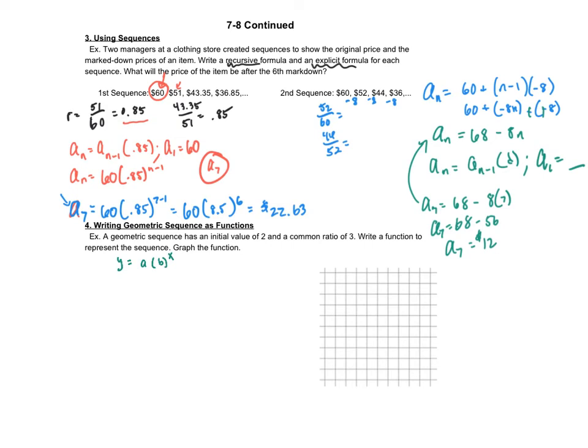Basically, b and r represent the same values, the growth value or the common ratio, and then a is equal to a_1, the first term, the initial starting value.